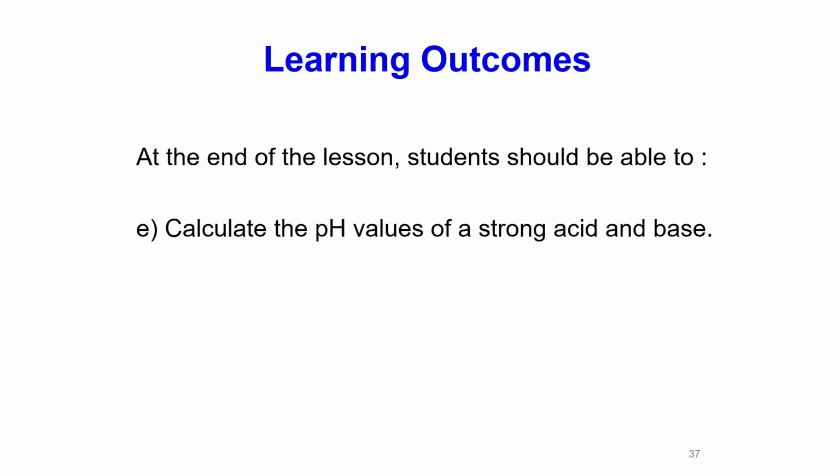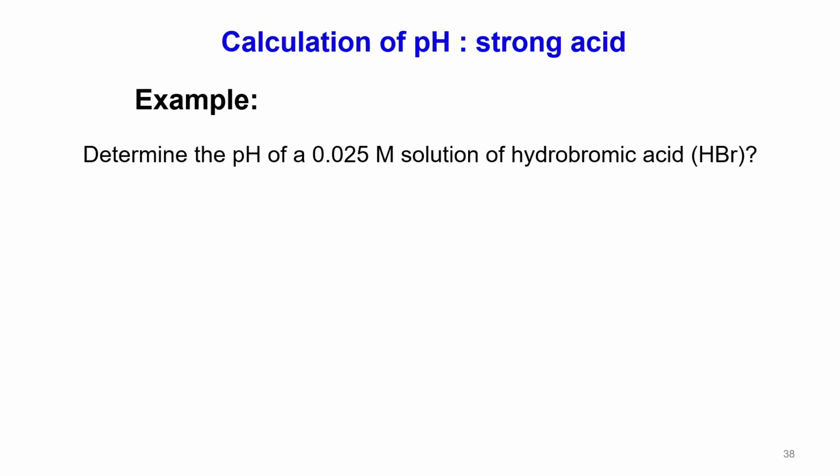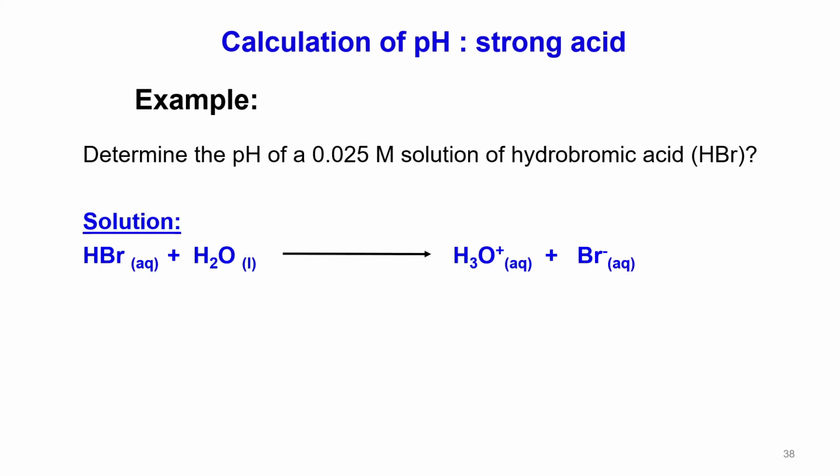Jadi macam mana kita nak kira nilai pH? These are the slides that we are going to discuss about pH calculation. In this topic, we are going to calculate the pH value of strong acid and base. First, calculation of pH for strong acid. Determine the pH of a 0.025 molar solution of hydrobromic acid. Jadi kita nak kira nilai pH bagi hydrobromic acid. HBr plus H2O produces H3O plus and Br minus. Since the arrow is non-reversible, it is a strong acid.